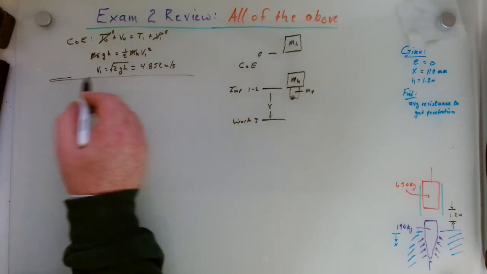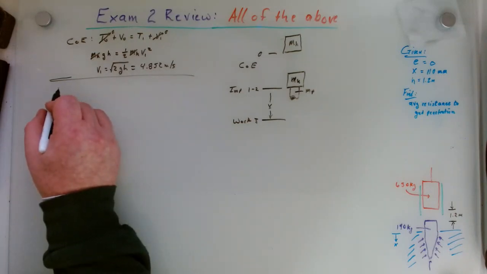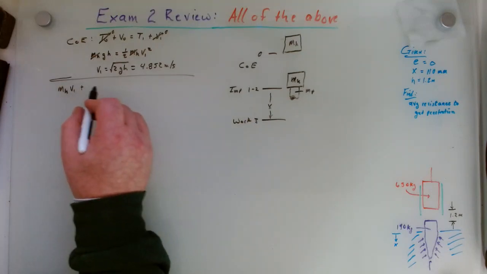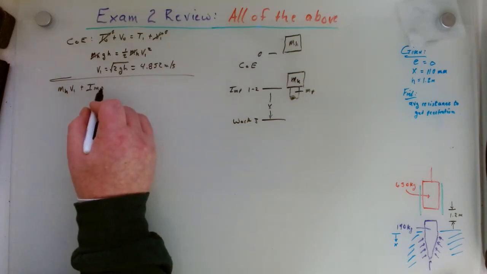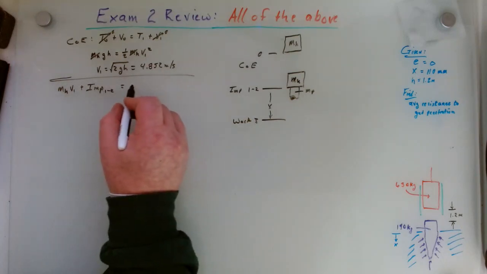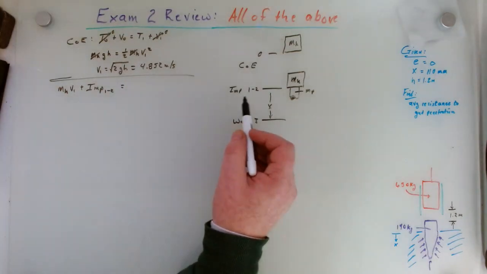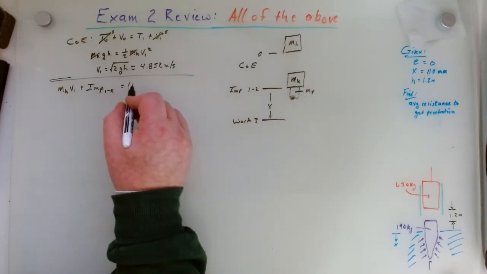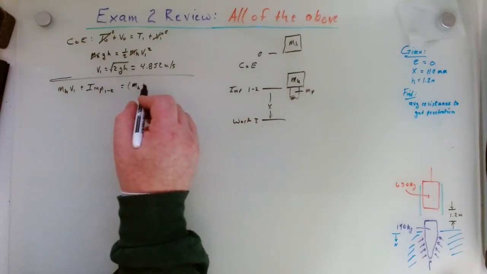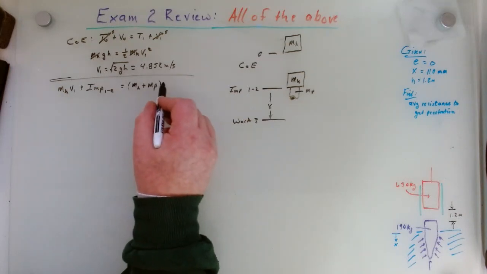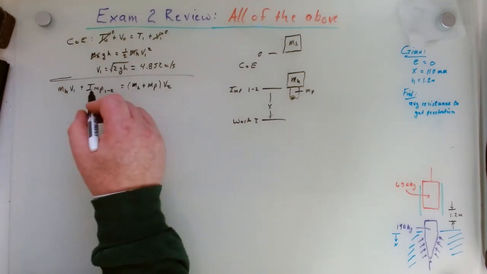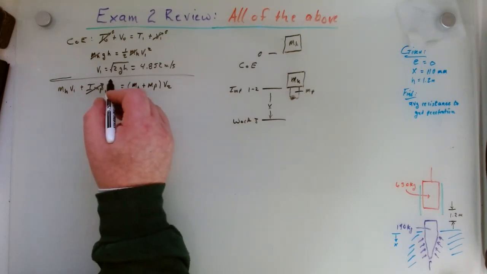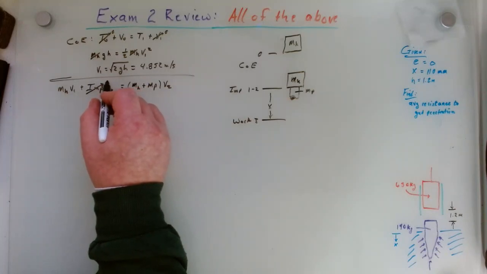At position 1 we have m_H v1 plus, I'm going to write this out, impulse 1 to 2 equals, and after the impact, then it's both of them traveling, so now we need (m_H plus m_P) times v2. And we were given that this is a perfectly plastic impact, so this goes to 0.